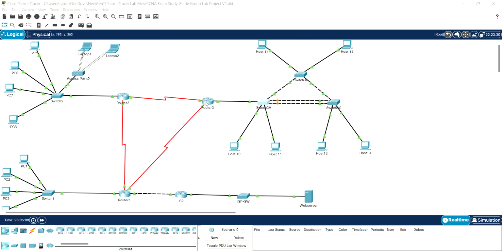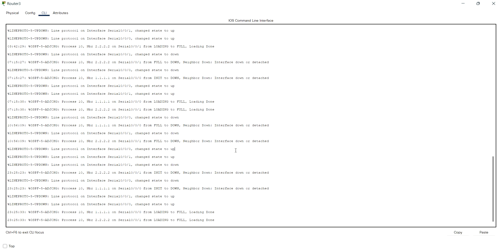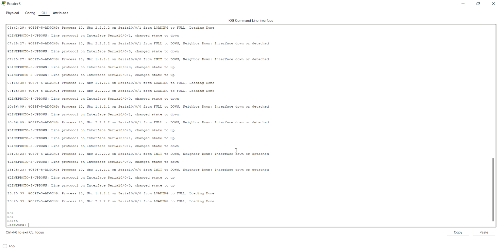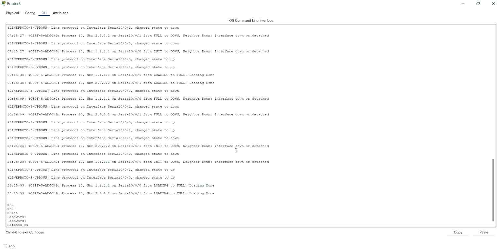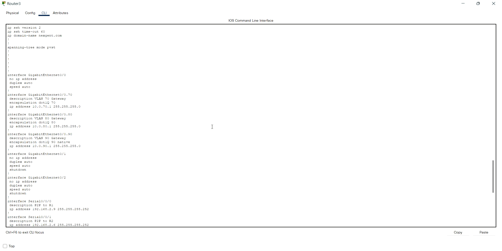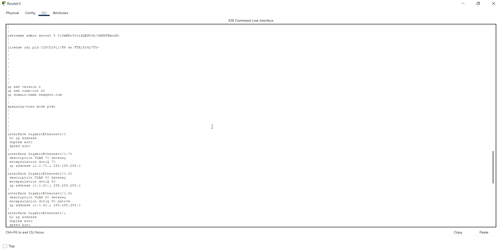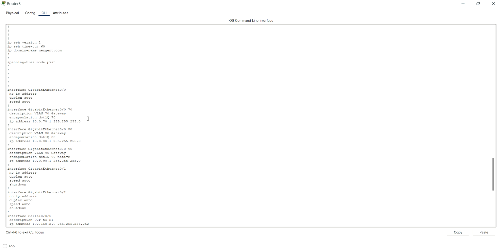Now, we also have router 3 in this branch. And what we did here, we gave it the hostname R3. We configured it for inter-VLAN routing, gig0/0.70, so VLAN 70, of course, with the IP address 10.0.70.1/24.